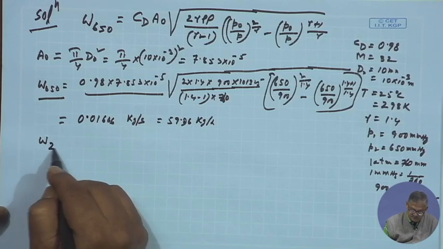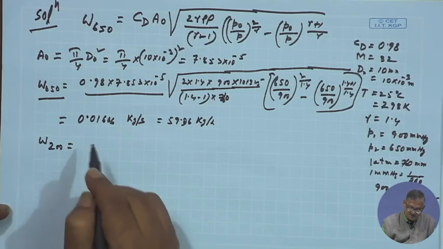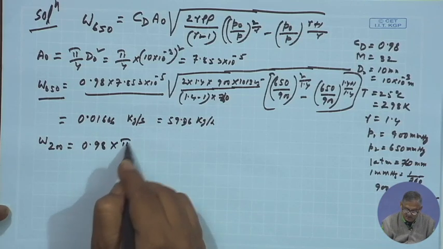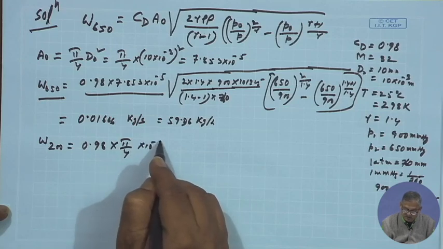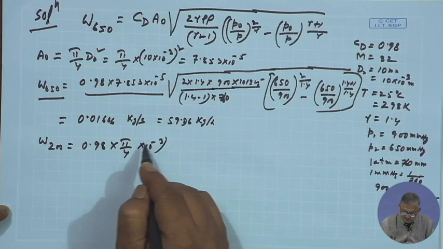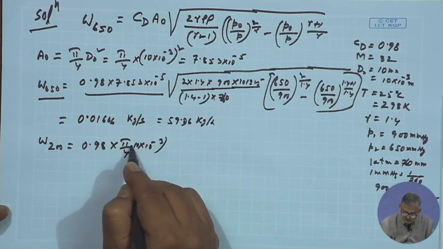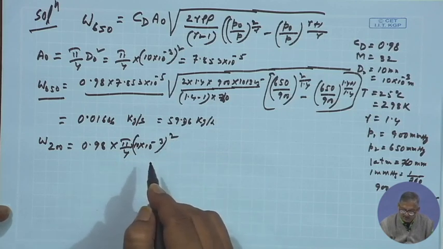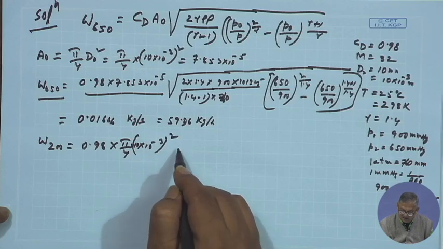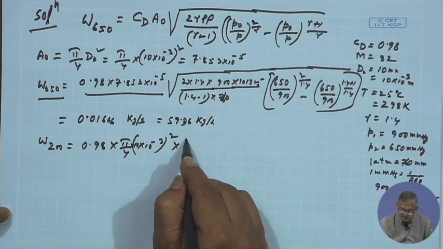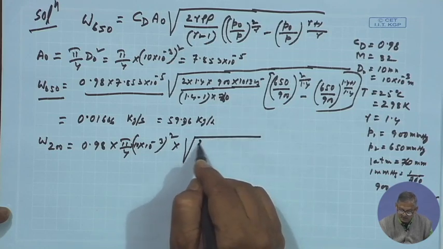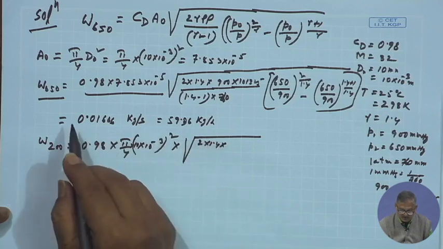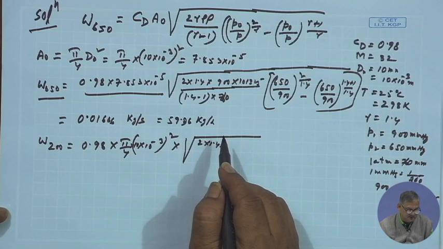So if it is W 650, so what about then W 200? So W 200 is 0.98, right, into pi by 4 into 10 into 10 to the minus 3 square, right, into this remains under root 2 into 1.4 into this is from 900 to 200.